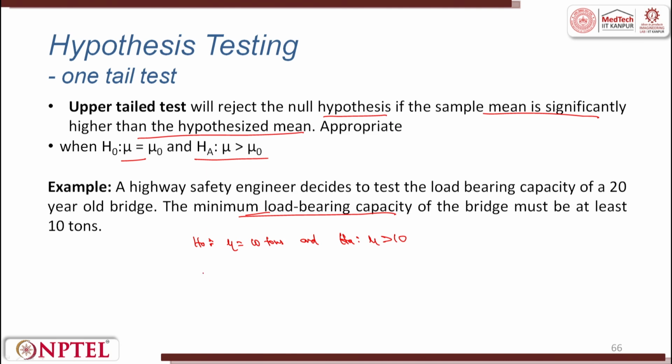Now, here he rejects H naught, that is the null hypothesis, only if the load bearing capacity of the bridge is significantly higher than 10 tons.